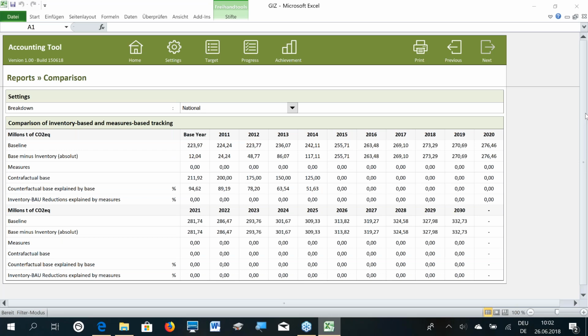So in addition to the tracking of the NDC, having the option to combine those two levels of information in one tool is very helpful. But for the Argentinian case, you would just leave all those breakdown levels empty, and the tool would still work for you, and you would still achieve the results in the achievement section.